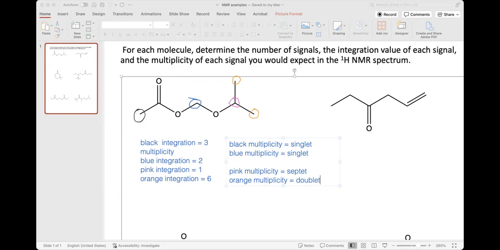All right. Any questions on this first example? All right, let's do one more of these. I don't want to go through them all because that might get to be a little bit painful for you.